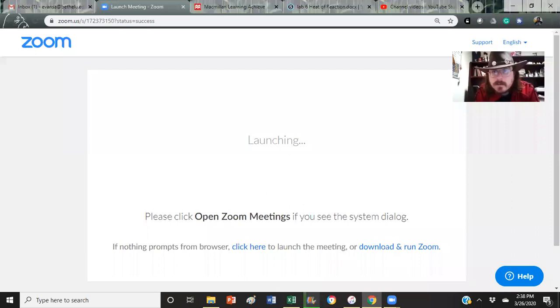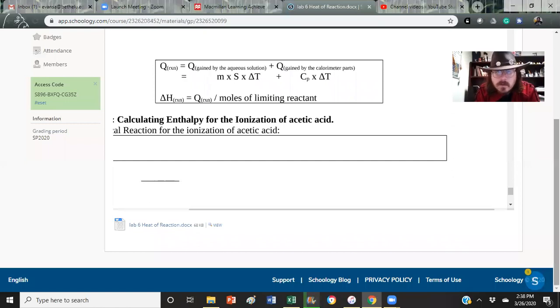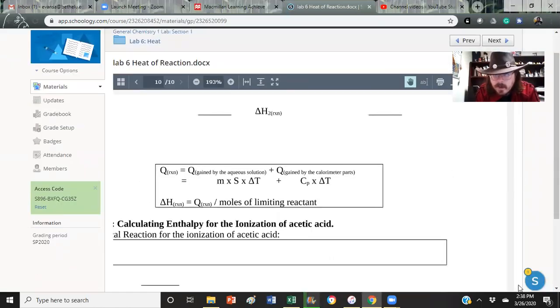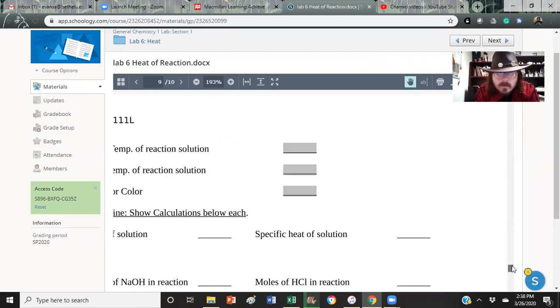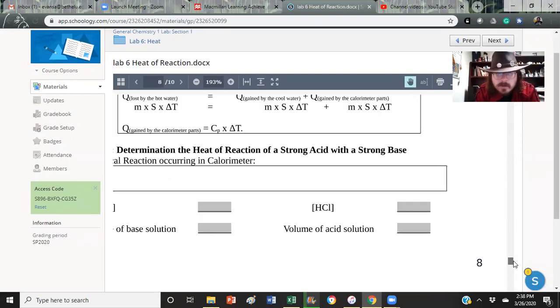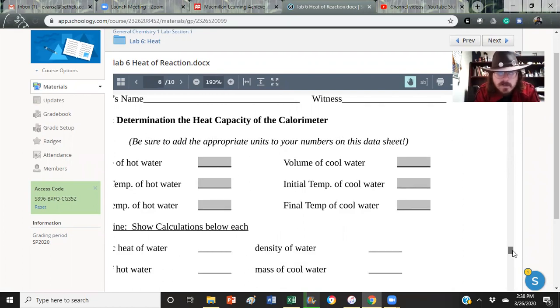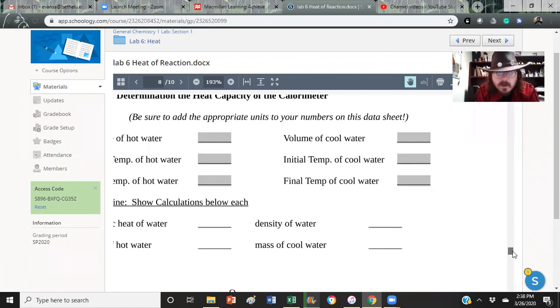The first values we need to look at are in the file. We're going to do 4 parts. Part 1 is testing the heat capacity of the calorimeter with hot and cold water.